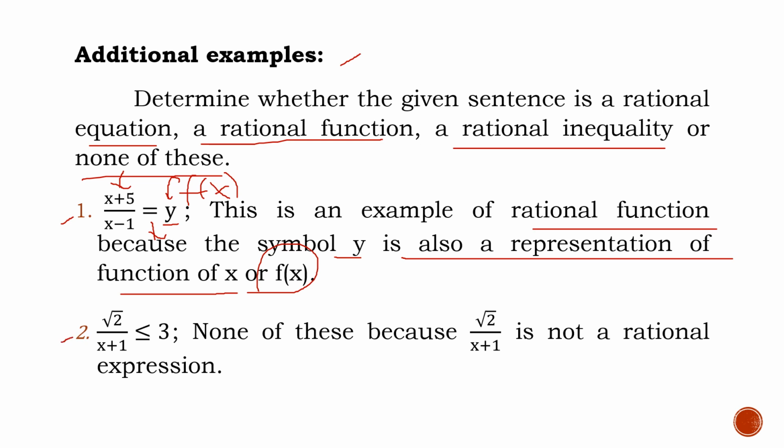And for number 2, the given is square root of 2 over x plus 1 less than or equal to 3. Why is none of these the answer for this? This example does not fall under rational equation, rational function, or rational inequality.